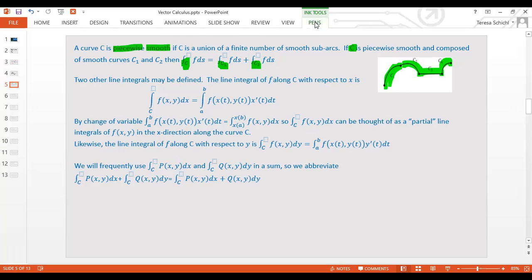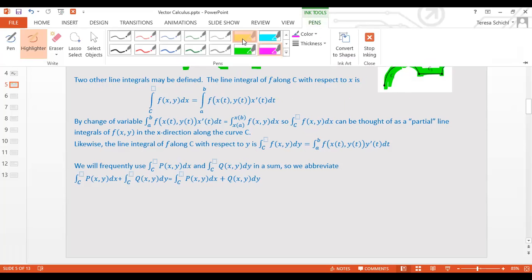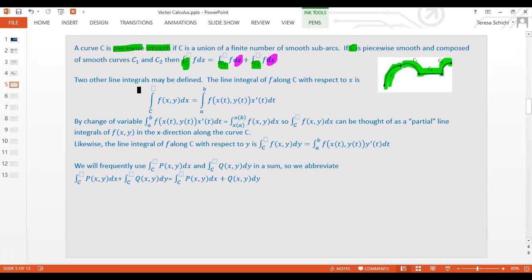Then here is something very interesting. They said there are two other line integrals. So here, be very careful, this is ds here, right? They also tell you there are two other line integral methods that can be defined.